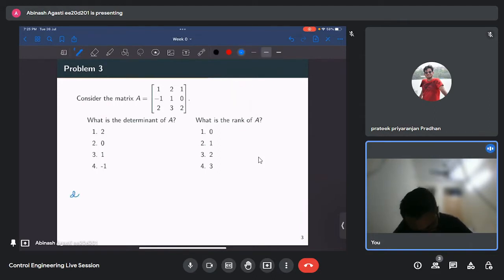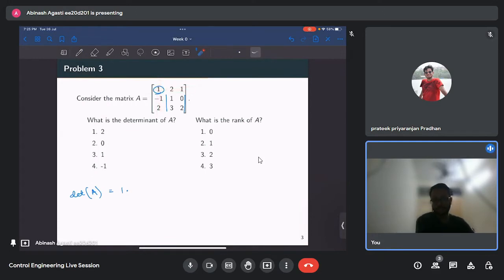The determinant of A can be computed by taking the first row, that is 1. We'll take 1 and multiply it with its cofactor. Now what is the cofactor of 1? The cofactor of this element is nothing but the determinant of this: we remove the row and column involving that element and find the determinant of the remaining elements.